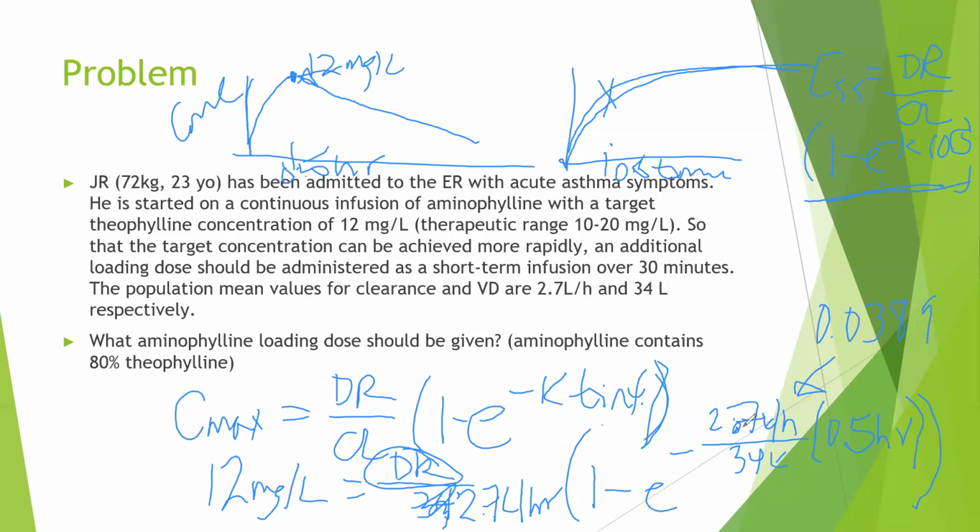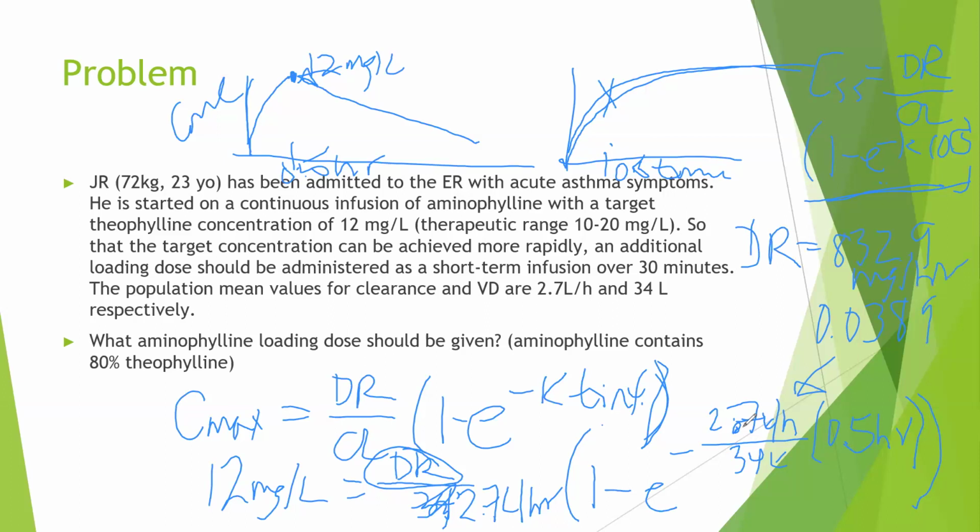So I'm going to say 12 times 2.7 divided by 0.03. All right, so I got a dose rate of 832.9, and that's in milligrams per hour, right?